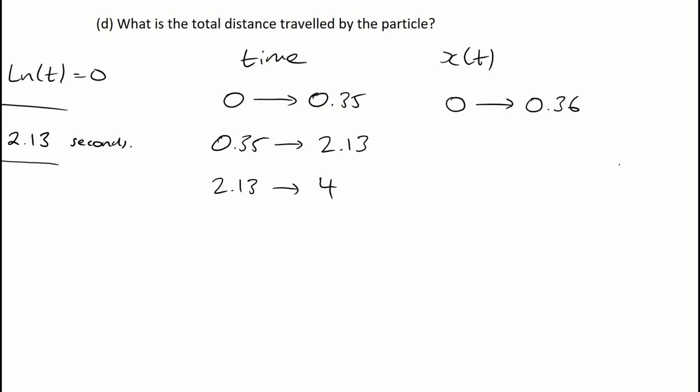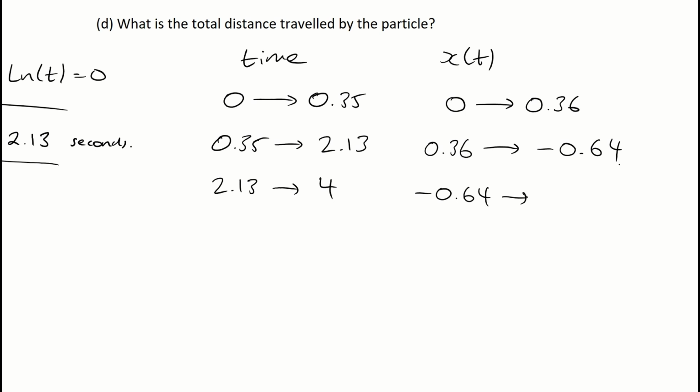So in the first 0.35 seconds, we've gone from 0 displacement up to 0.36 meters of displacement. If you put 2.13 in, you would get negative 0.64 meters of displacement.